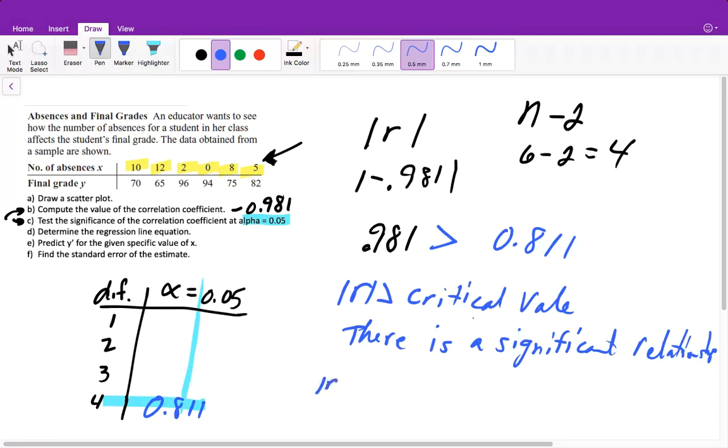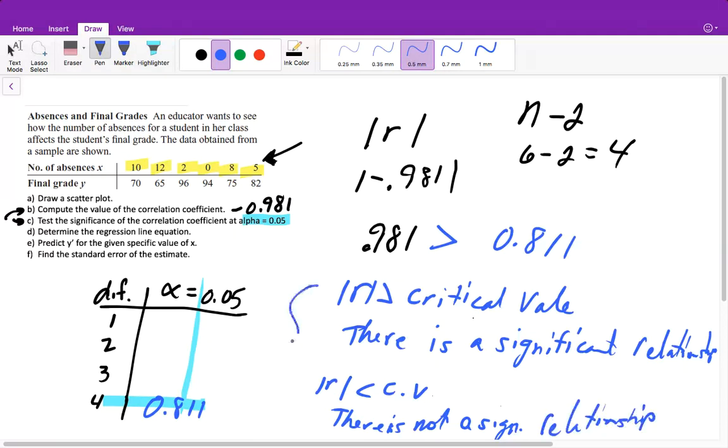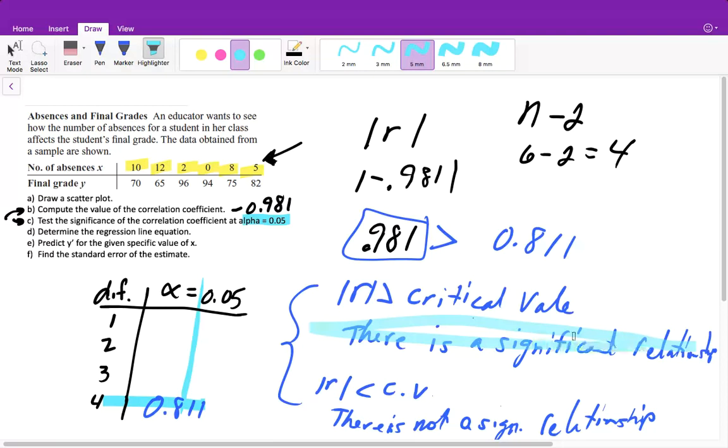If the absolute value of our R is less than our critical value, CV, then there is not a significant relationship. That's what we're testing for. Since our R is greater, there is a significant relationship.